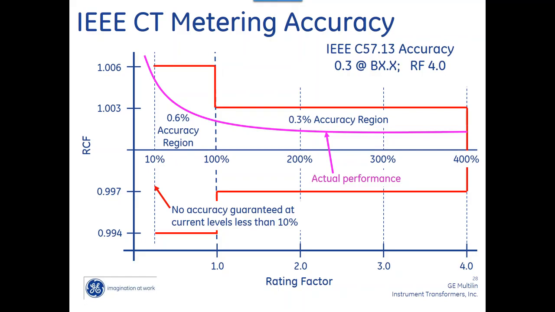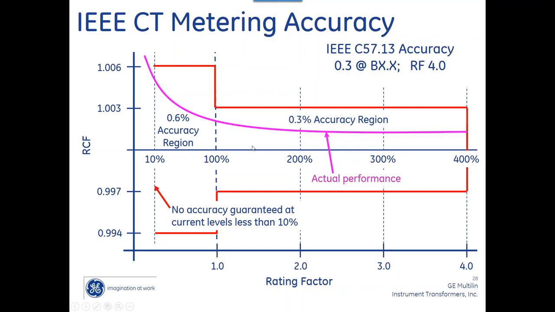The first thing I do is get a revenue grade meter, but I'm only operating it at 50% current. And all of a sudden, I'm not even that accurate. Okay. The reality is, here's what your actual performance is. As I get close to that 100%, I'm actually getting very close to being in the range. And you can see even the 3% is much more accurate than what the standards require.